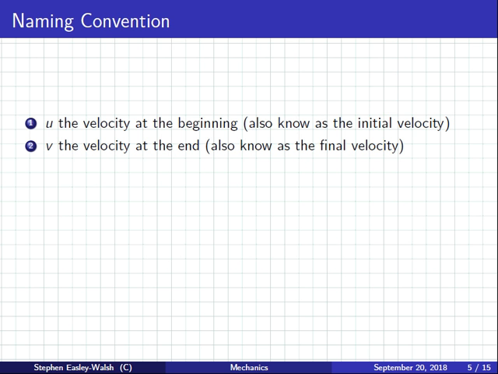Initial means the first, the beginning velocity. You should write this down. And notice, this is called a convention because it's not a rule. In some countries, you use V0. Here we use U.